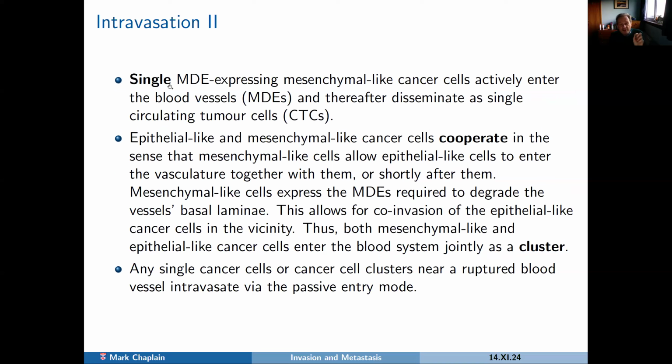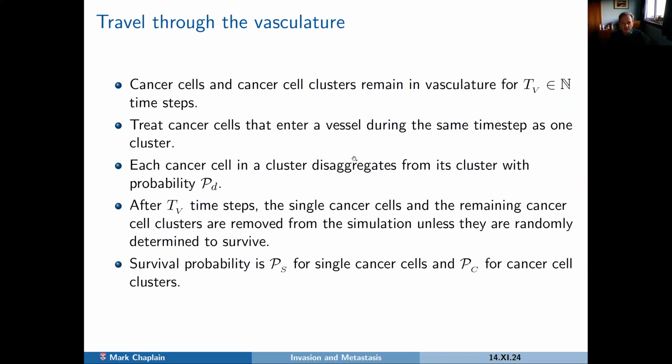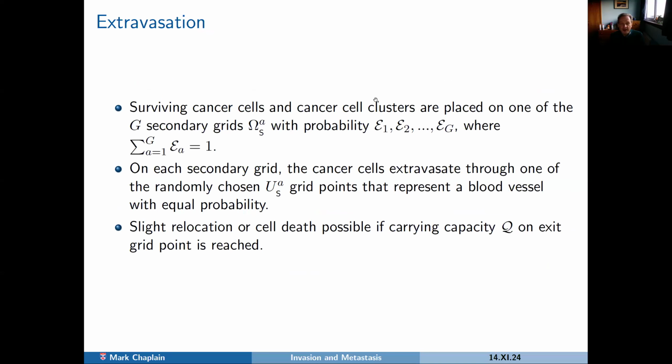They can intravasate as single mesenchymal cells or groups of mesenchymal and epithelial cells. And once a single cell or group is in the blood system, there's a probability of survival. So this travel through the vasculature is essentially a survival probability. And then we have a probability of extravasation of either the single mesenchymal cells or these small groups of mesenchymal and epithelial cells, and then they're put onto the secondary grid and start the process again.